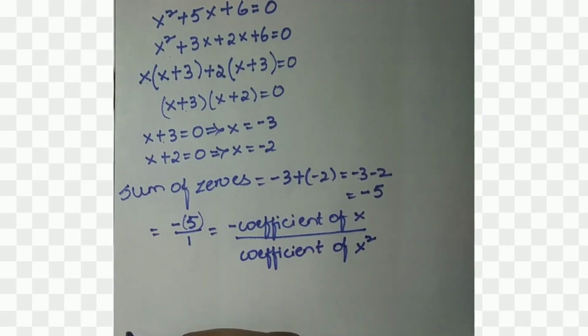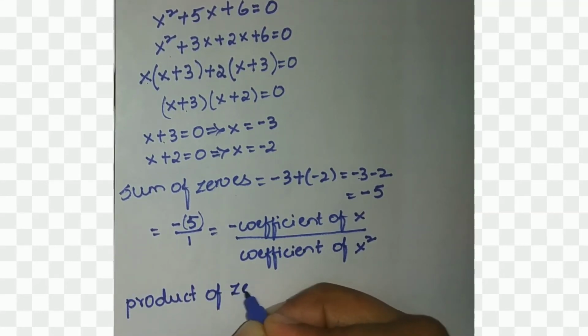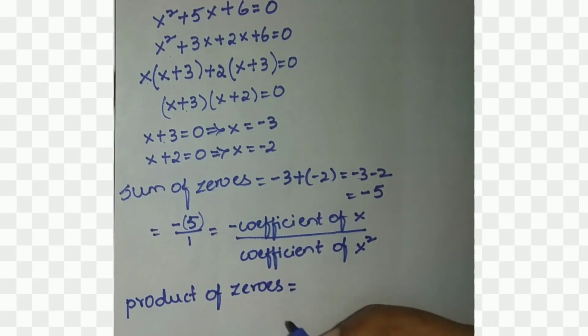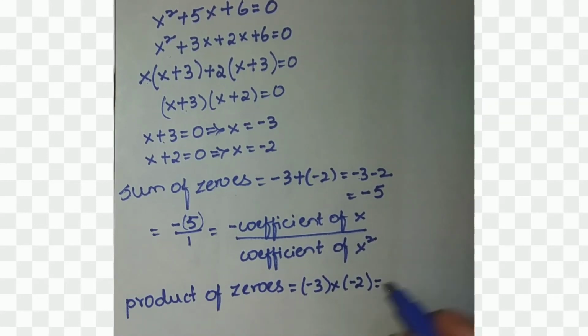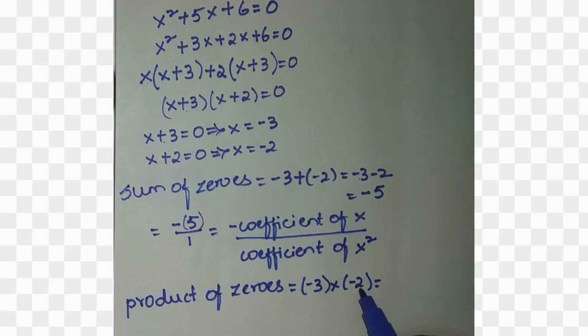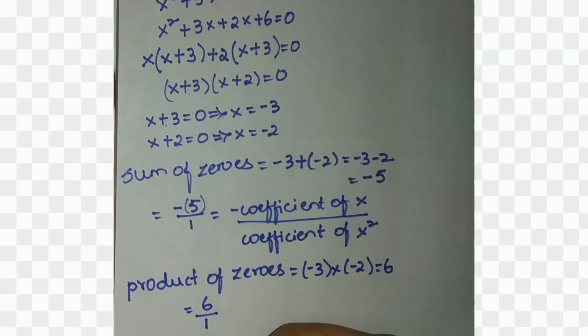Now we need to find the product of zeros, which is equal to minus 3 into minus 2, which is equal to minus into minus is nothing but plus, and 3 into 2 is nothing but 6. Right. So we can write 6 as 6 by 1. Right.